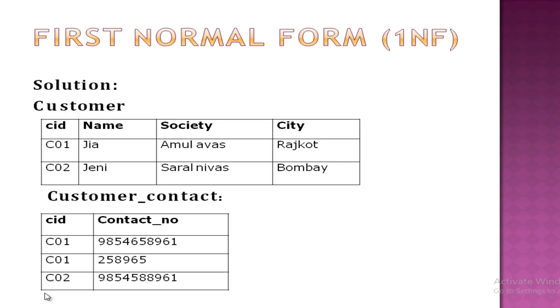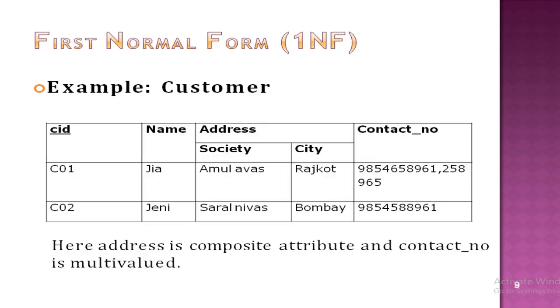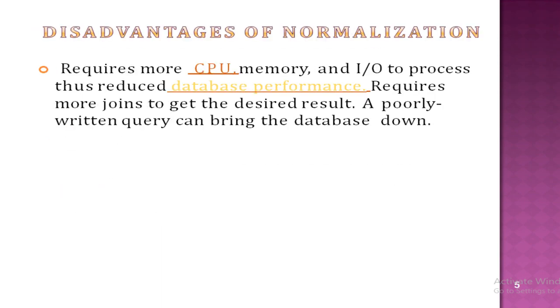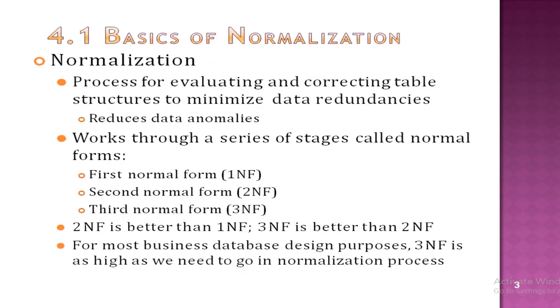So in today's lecture you have to remember first the normal form, right? First normalization, then the normalization definition, then list out the different normal forms: first normal form, second normal form, third normal form, fourth normal form, fifth normal form and BCNF, that is the Boyce-Codd normal form, right?